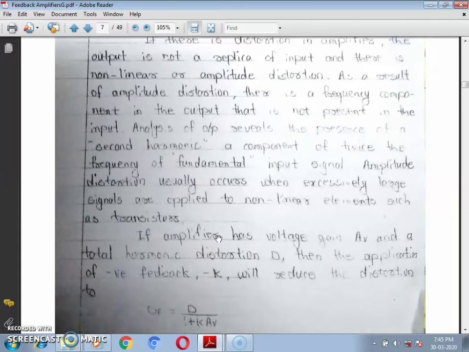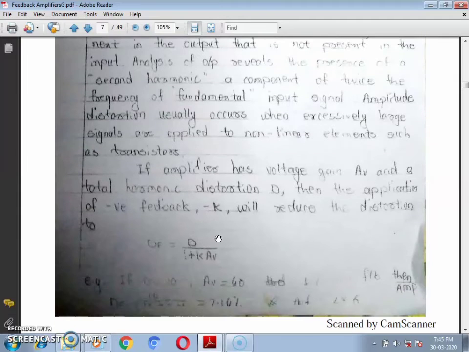So for the feedback amplifier, the distortion is given as DF. Let D be the distortion of the basic amplifier; then DF is equal to D divided by 1 plus KAV.